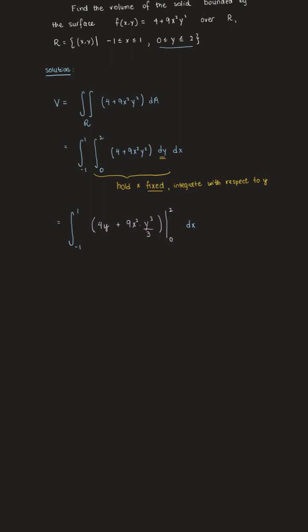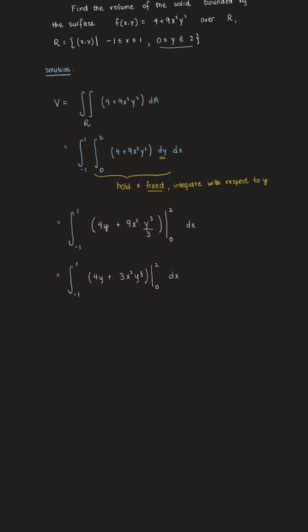So I'm going to simplify a little bit on the inside, and then we will use the fundamental theorem to evaluate from 0 to 2, leaving our outer integral as is. So on the inside, we've got 4y plus 3x squared y cubed, from 0 to 2, dx.